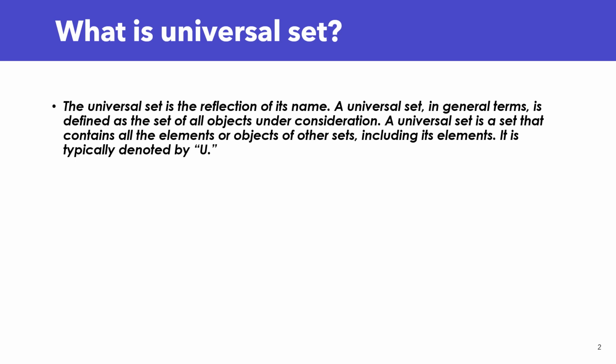A universal set, in general terms, is defined as a set of all objects under consideration. A universal set is a set that contains all the elements or objects of other sets, including its own elements. It is typically denoted by U.